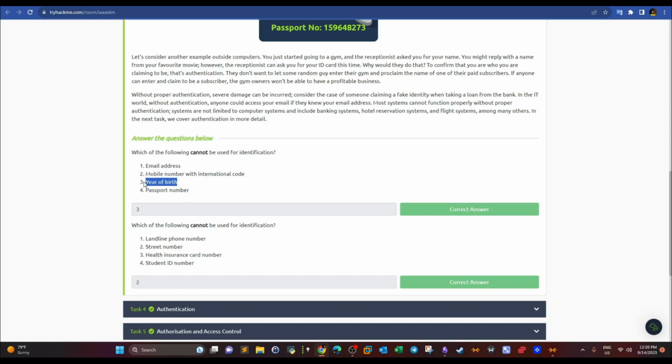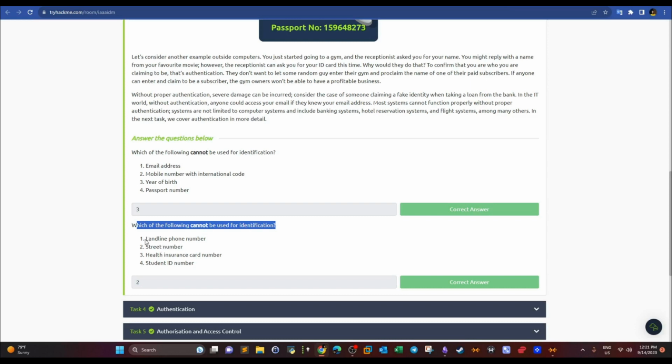Many people could have the same year of birth as you, and therefore it cannot be used for identification. You cannot expect an officer to identify you by asking, what's your year of birth? I want to know who you are. It's ridiculous.